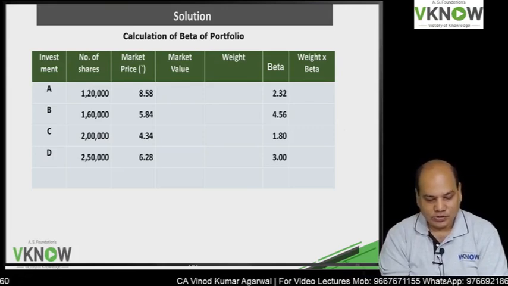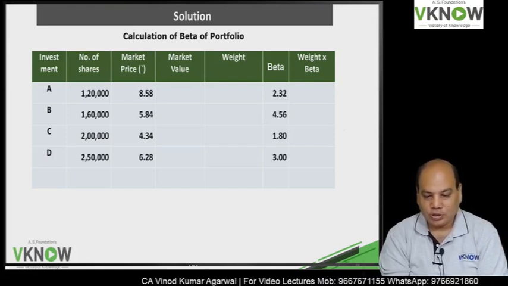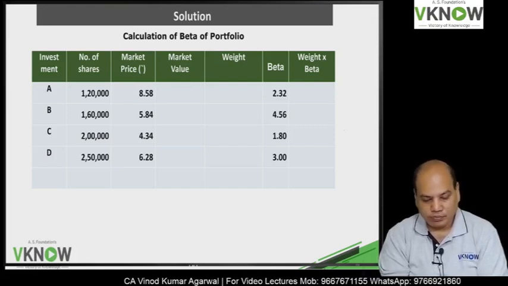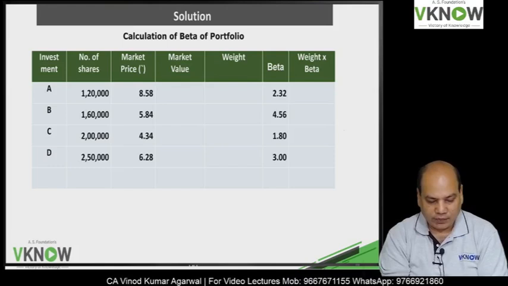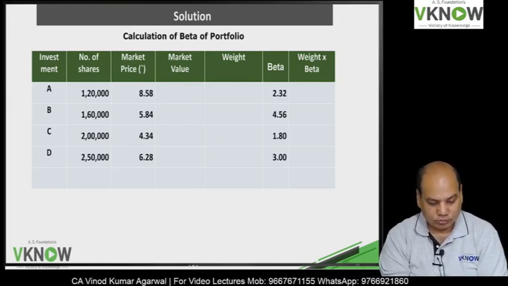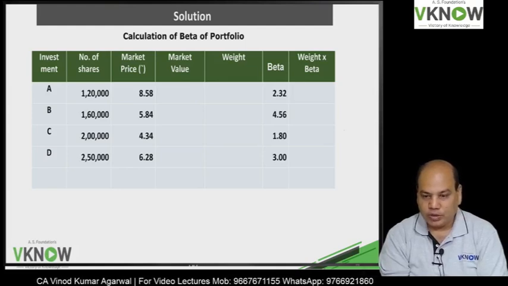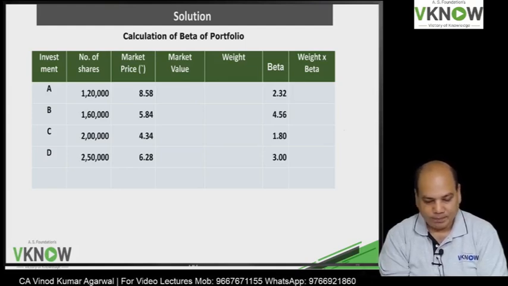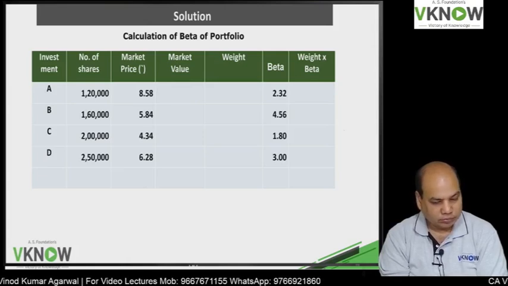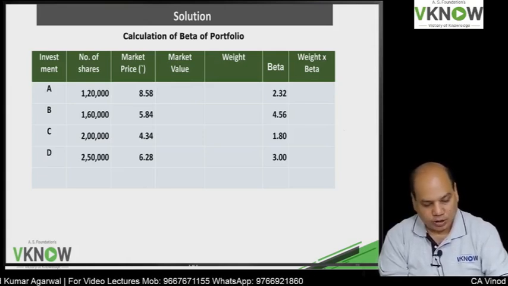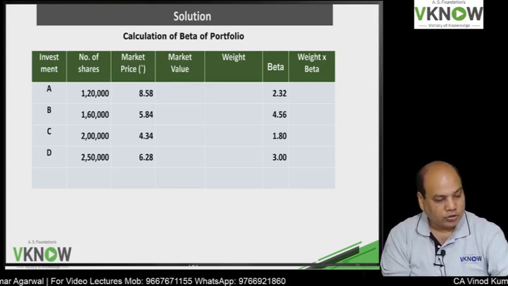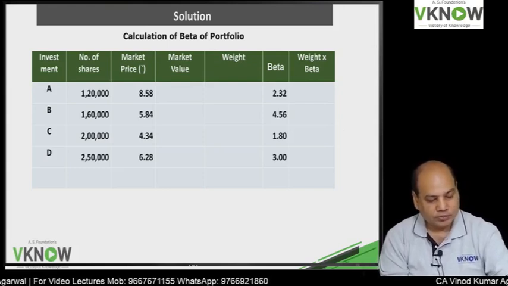First column is investment. Second column is number of share. Third column is market price. Fourth column is market value. Then convert market value into weight. Beta, which is given in the problem, and weight into beta. The total of the last column will be portfolio beta.